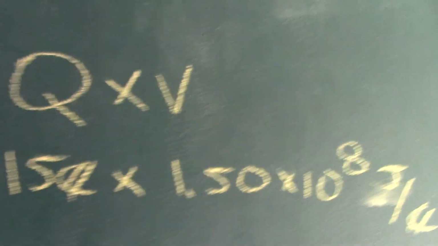So my Q value is 15 coulombs and my voltage is 1.5 times 10 to the 8th volts, joules per coulomb. So I can cancel those coulombs out, and that's going to be 15 times 1.5 times 10 to the 8th.